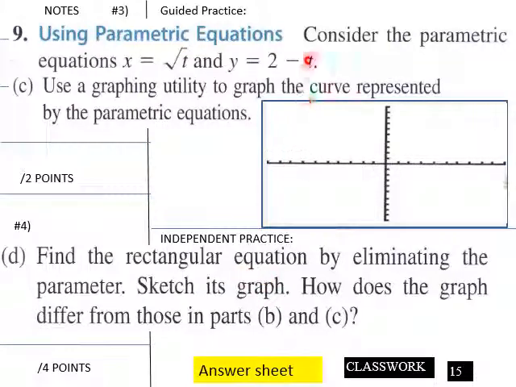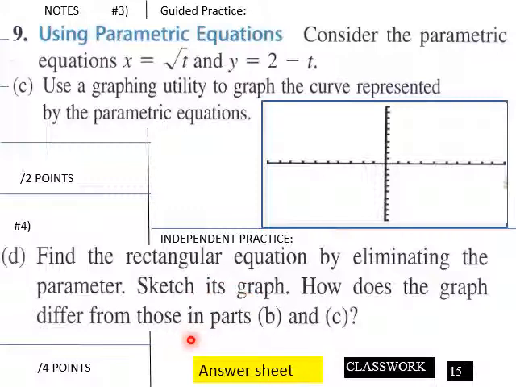So let's try one. Consider these two parametric equations: x equals radical t and y equals 2 minus t. C. Use a graphing utility to graph the curve represented by the parametric equations. And then down here for your independent practice, find a rectangular equation by eliminating the parameter. Sketch this graph.